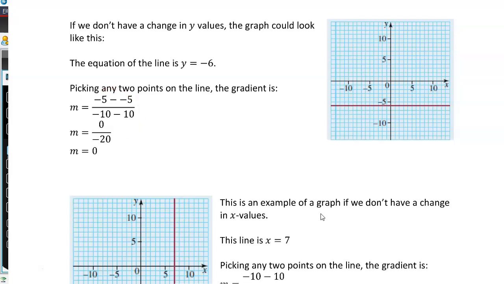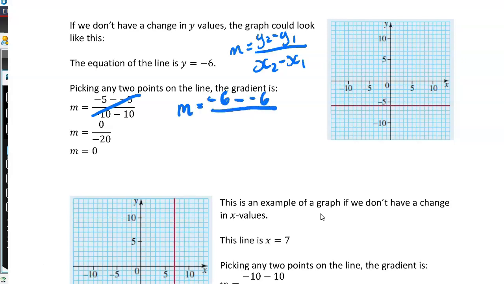And I'll substitute into our gradient formula, m equals y2 minus y1 over x2 minus x1. So -5 take away -5. Oh, that should be -6, shouldn't it? Well, same difference. So m equals -6 take away -6 over -10 minus 10.